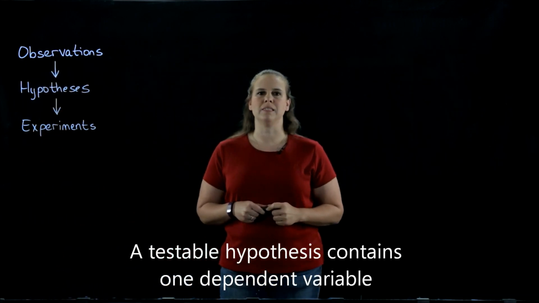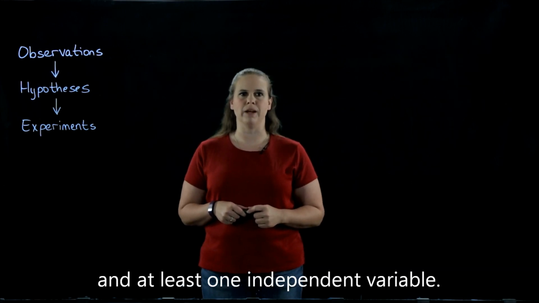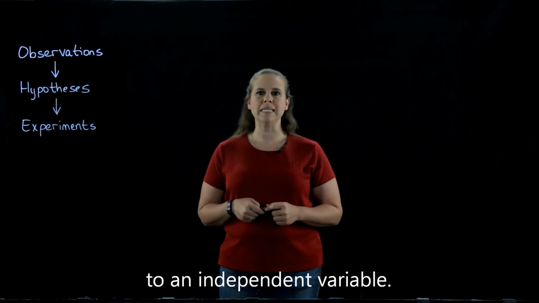A testable hypothesis contains one dependent variable and at least one independent variable. An experiment determines the effect on the dependent variable when a change is made to an independent variable.